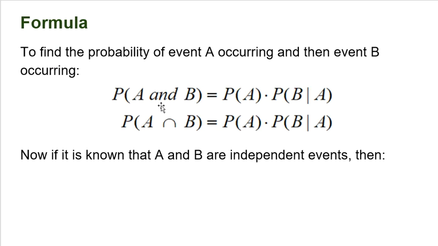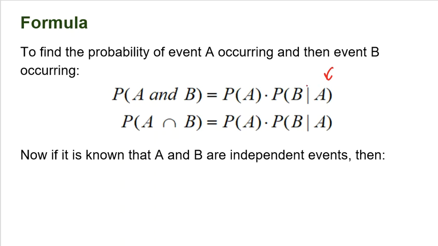So here is the big formula for the probability of A and B. It's actually similar to what I was talking about earlier when I showed you how you could take the conditional probability formula and just do a little multiplication. But again, here it is. The probability of A and then B. So if I'm looking for the probability of A to happen, I want A to occur, and then I also want B to occur, you simply take the probability of A and you multiply it by the probability of B. But again, you have to take into account, did the occurrence of A affect B, which is, of course, conditional probability.